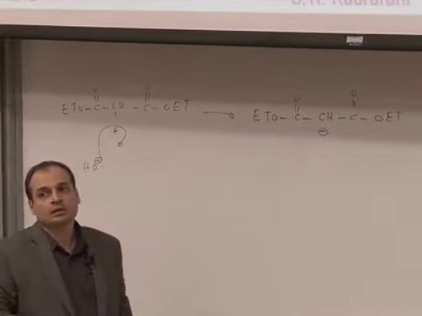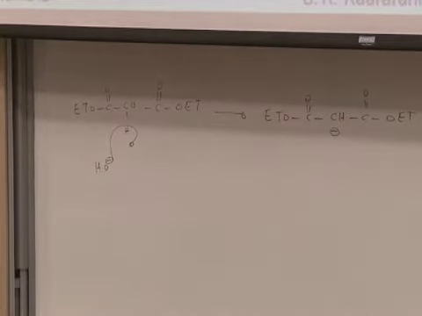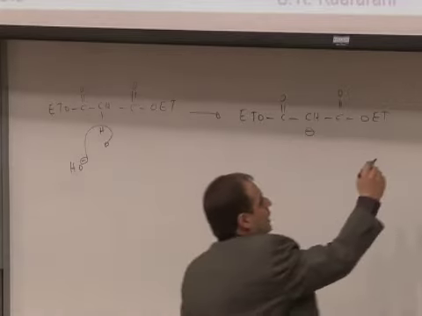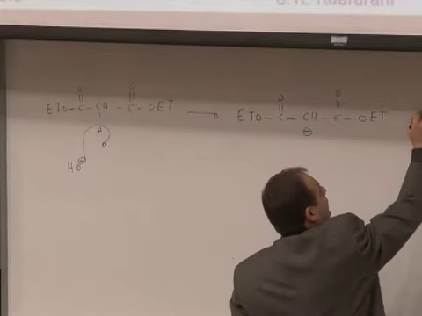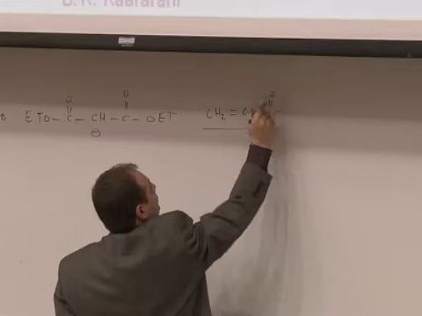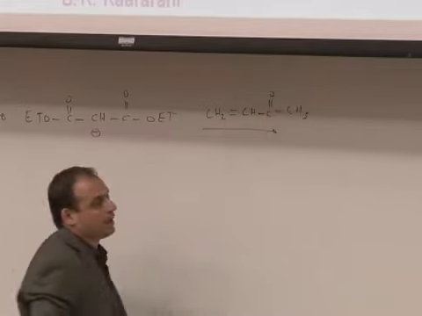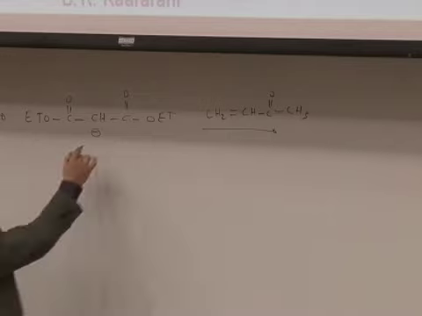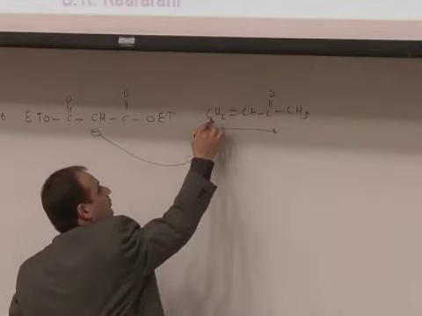And then the second starting material that you have here is an alpha beta unsaturated ketone. The alpha beta unsaturated ketone will react with this enolate, and you will get the 1,4 addition product. So the enolate is going to attack this carbon.